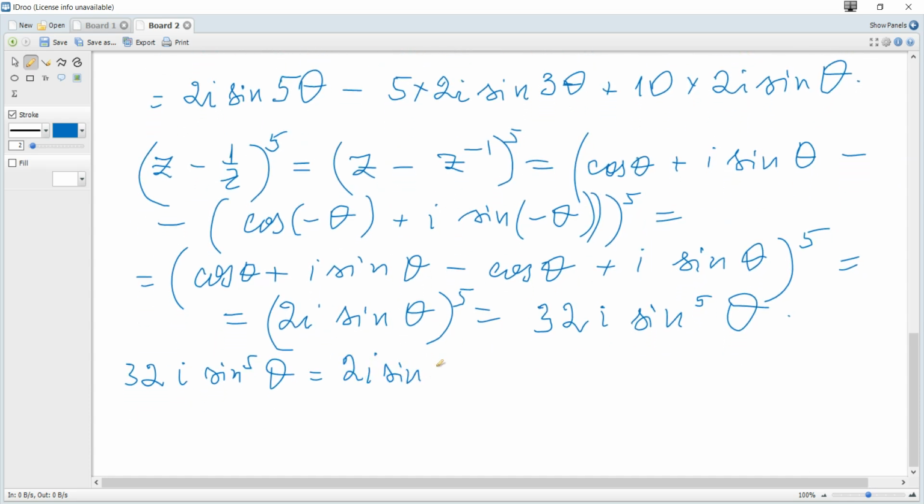2i sine of 5 theta minus 5 times 2i sine of 3 theta.